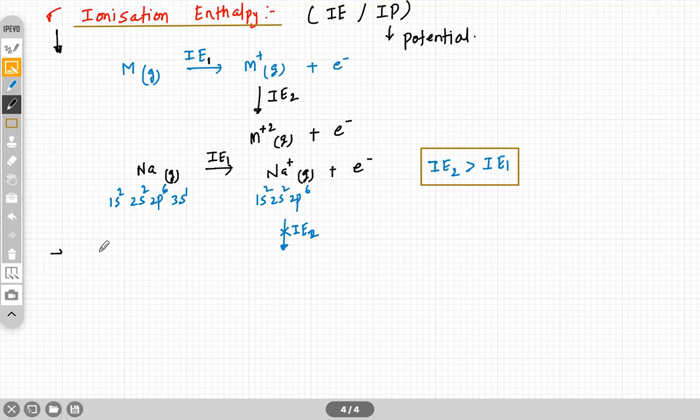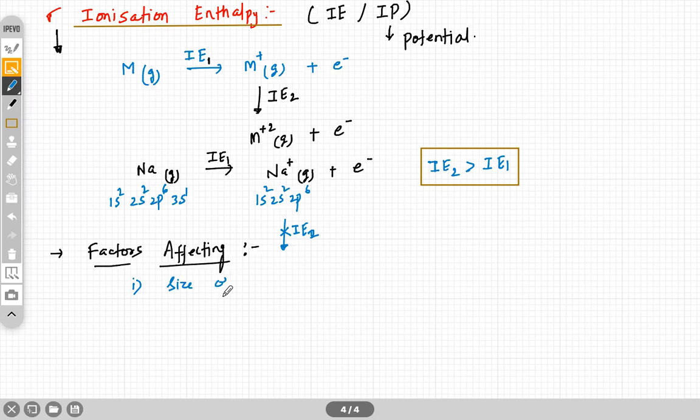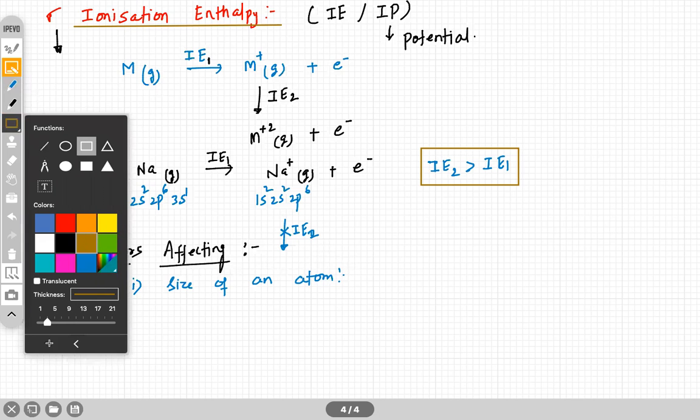Now, what factors affect the ionization energy? Write down the factors affecting it. First one, the size of an atom. What is the relation we have? As the size increases, does ionization energy increase or decrease?